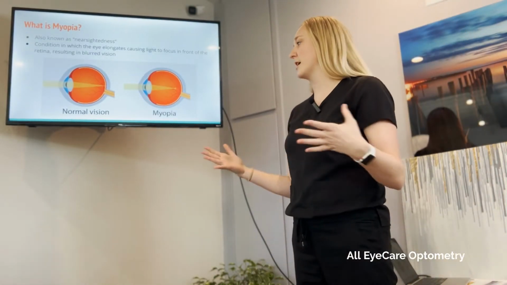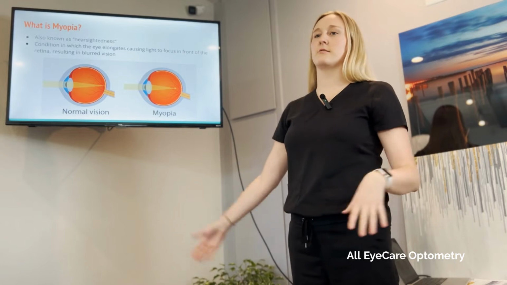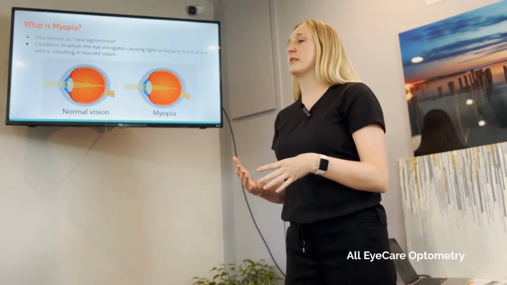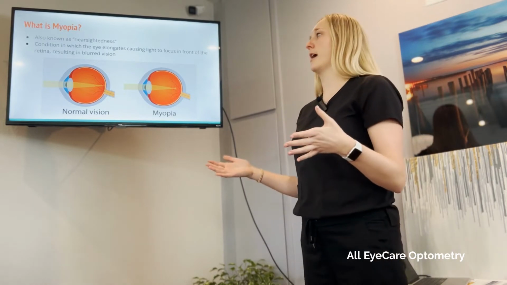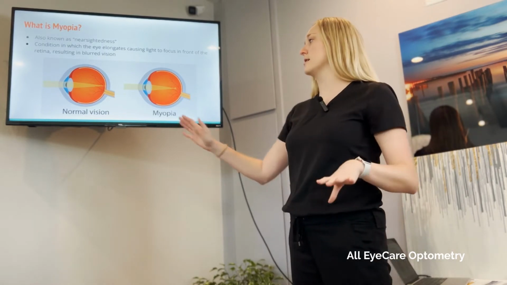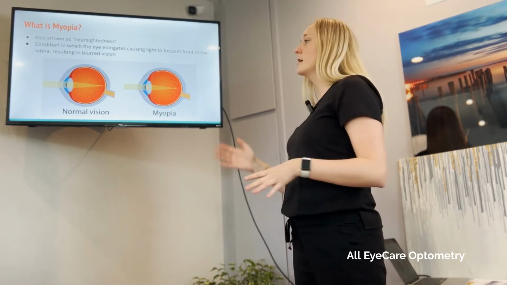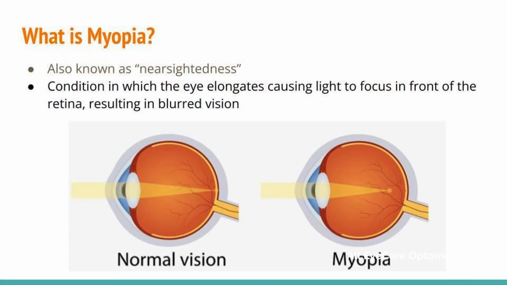So first, the most important aspect of the lecture is that we understand what myopia is. We know myopia more commonly as nearsightedness, and this occurs because the eye is a little bit longer than where light focuses. In someone that doesn't have myopia or doesn't require glasses, when light enters, it's going to focus perfectly on the back of the eye.